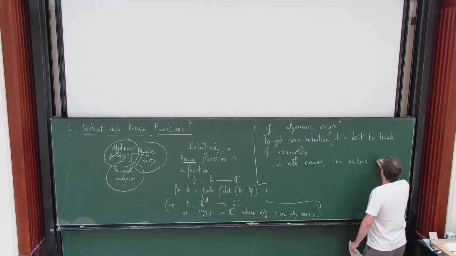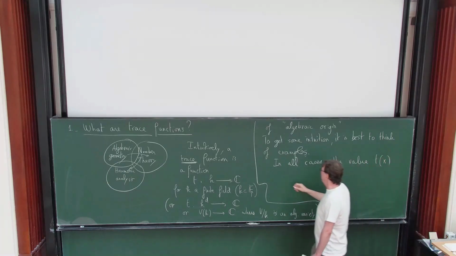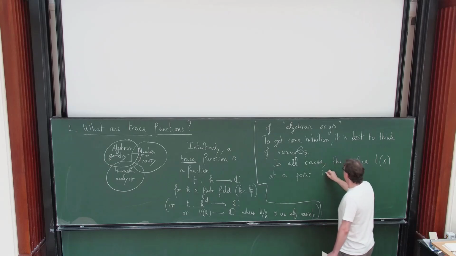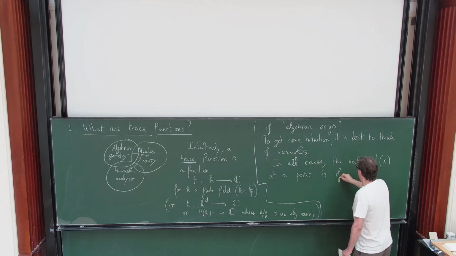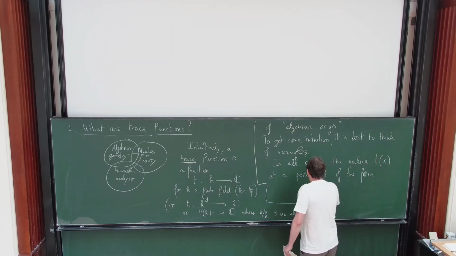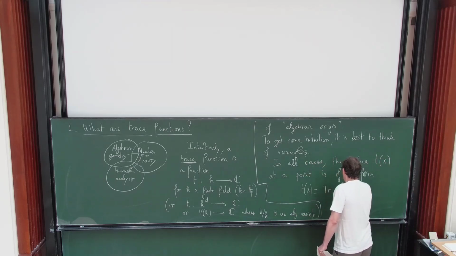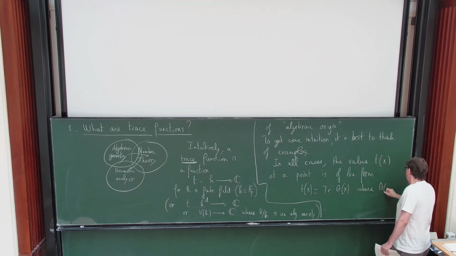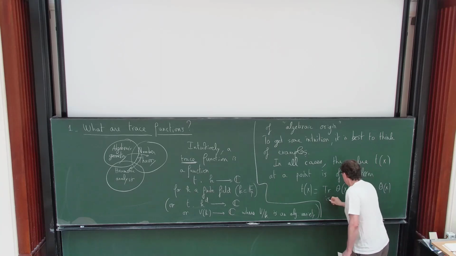The value t(x) at the point x of the trace function is always the trace of some matrix, and that's why it's called a trace function.